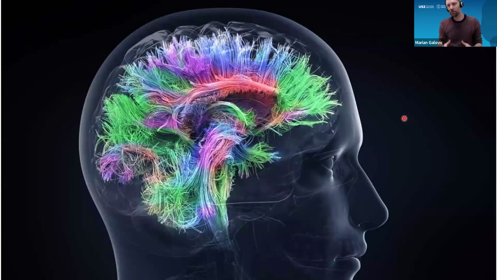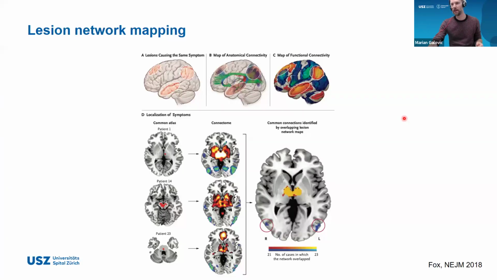Now, we know that epilepsy is a network disease, and we know that many different lesions can be causing epilepsy. So there's a different approach to network disorders, and that's called lesion network mapping. If you have patients having the same symptoms, but due to different lesions, this may be due to disconnection or some connectivity issues correlated with these lesions.